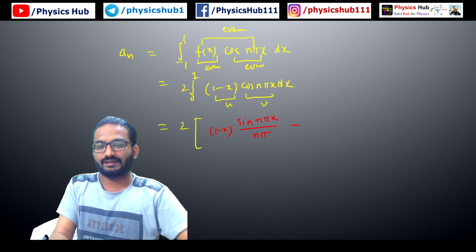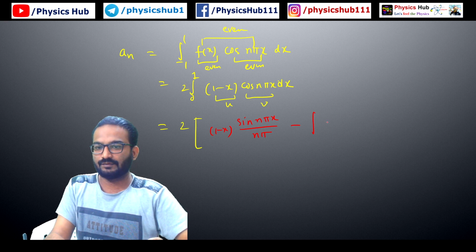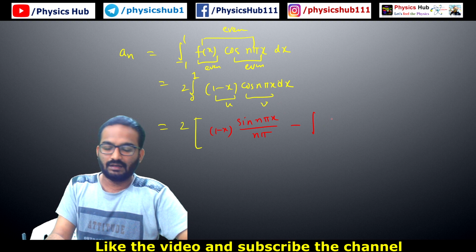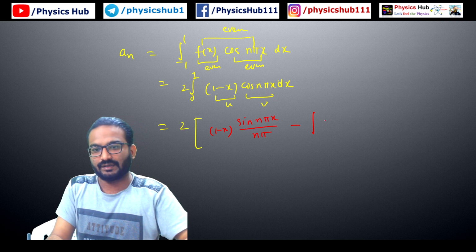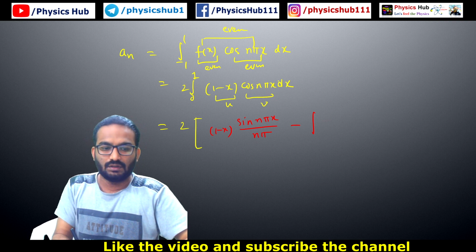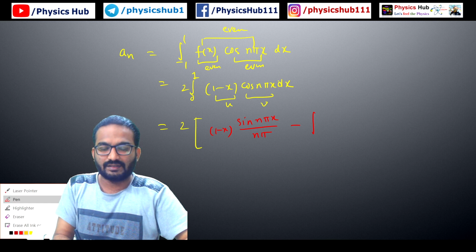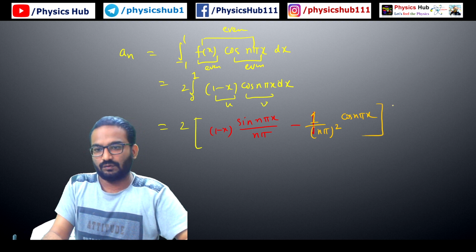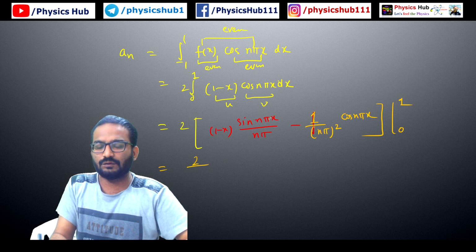Now minus du by dx, the derivative of 1 minus x is -1, and the integration of cos n pi x is sin n pi x, and further integration of sin n pi x gives cos n pi x, with another 1 by n pi appearing, so effectively it will be 1 by n pi whole squared times cos n pi x. Just check the calculation, I hope I am not wrong. With limits 0 to 1, this value will be 0.